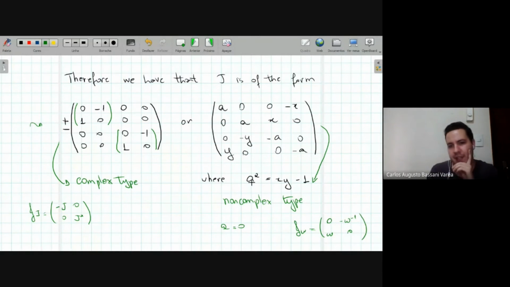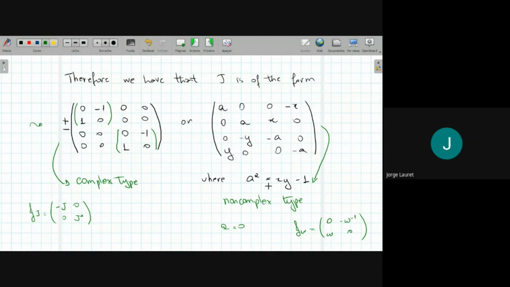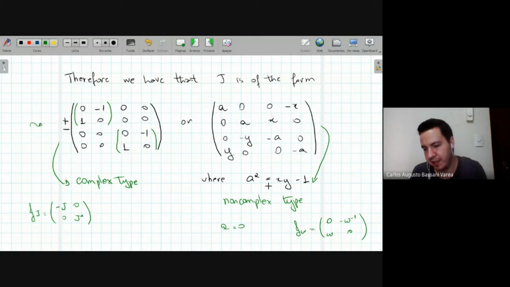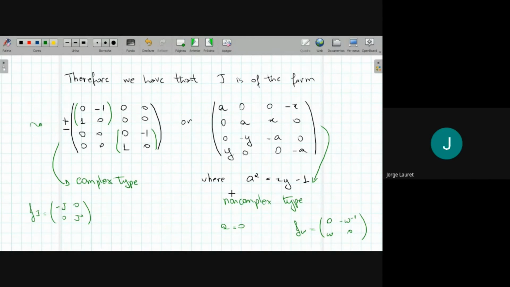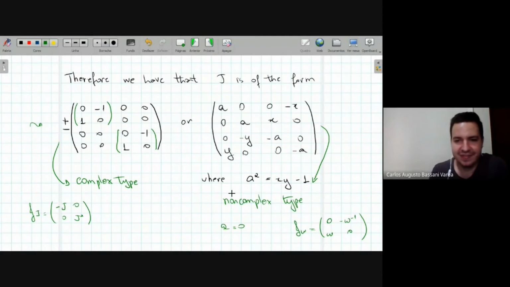And also when x, y equal to 1, you recover the symplectic form. Actually, in a joint work with Elizabeth Gasparini and Fabricio Valencia, we proved that this non-complex type is always a B-transformation of a symplectic type. So we have complex type and a B-transformation of a symplectic type. These are interesting. Okay, thank you. You're welcome.